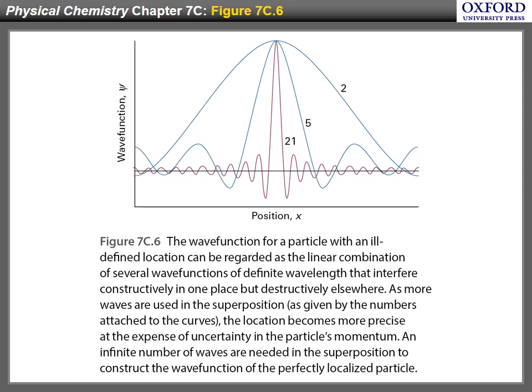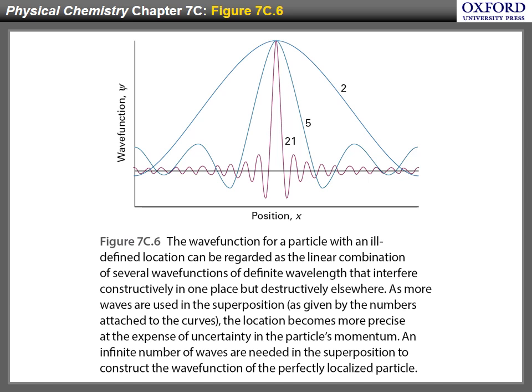But the point here is that we need to take all of the wave functions that describe a particle to be able to form this singular wave function that pinpoints the particle in its exact location. Now that requires an infinite number of harmonic wave functions to be added together, which is also impossible.